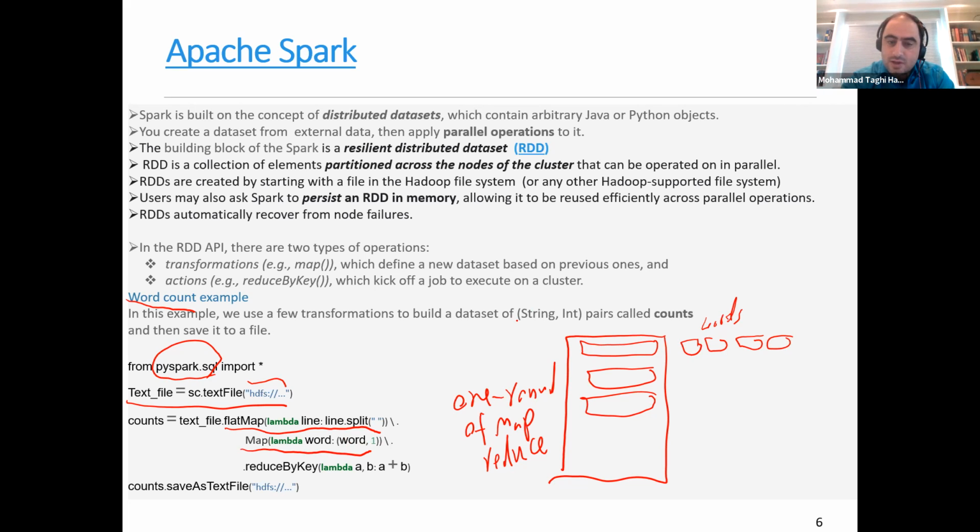So for each word, we create a string-int pair. What is the string? If, say, hi is the word, the int is 1. What do we do for any instance of hi? We are creating such messages. Each of these messages has a key.